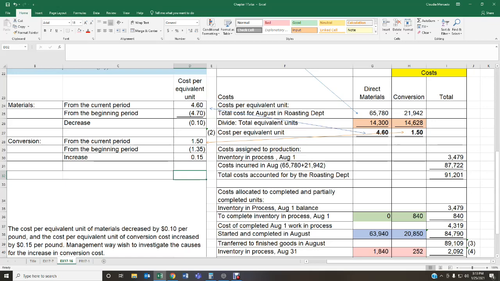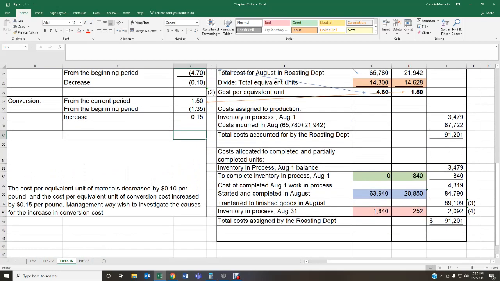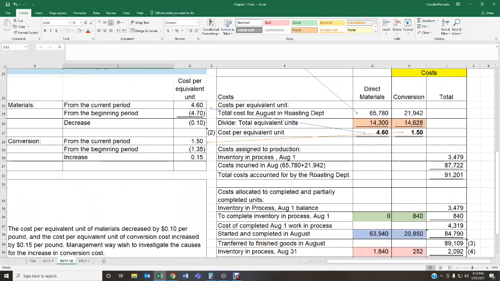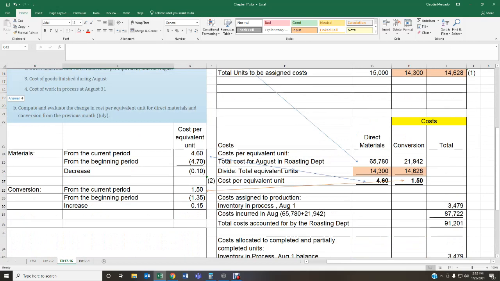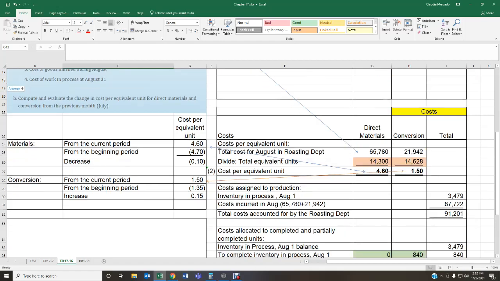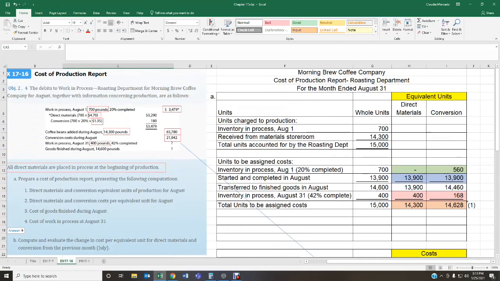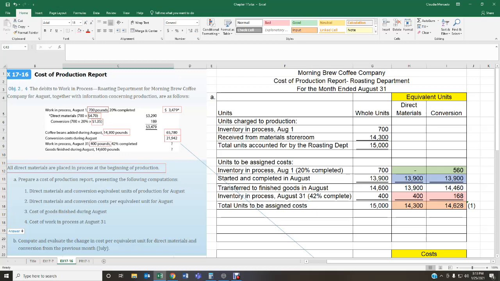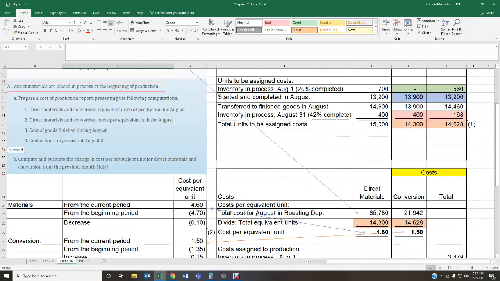So this is the final part of the assignment, which was the evaluate. First, it was the compute, which we did the computation here. We computed the changes from last month to this month, and then we evaluated the information. And this is your whole cost of production report. The top section calculates your equivalent units in the actual units to be assigned cost. The bottom component deals with the cost.